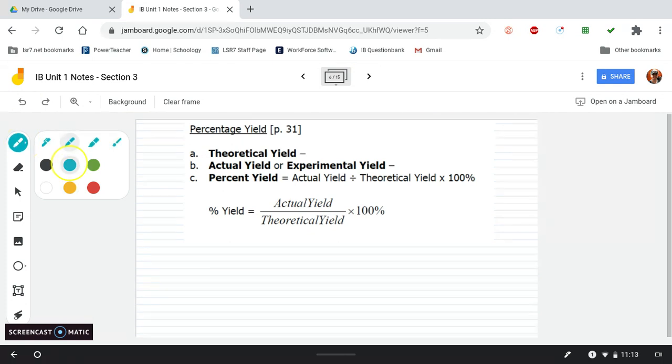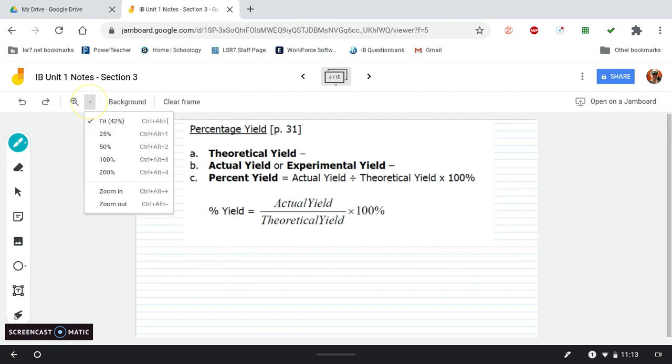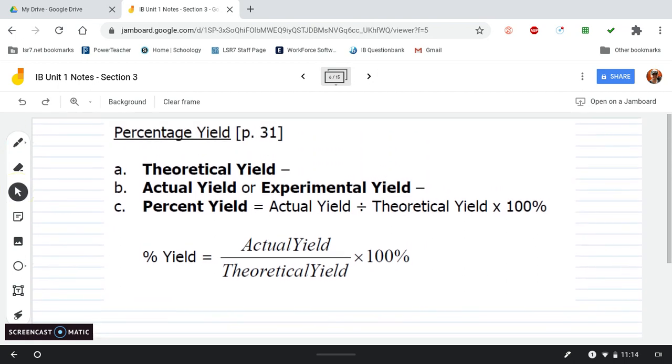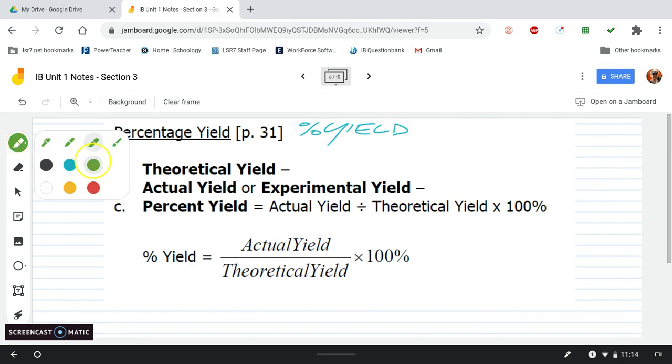I think sometimes we do a little bit of this in some early labs in our 10th grade chemistry courses, but we have this term percentage yield, and you can think of it as also percent yield. That's normally how we refer to it here in the classroom. And so what this really is, is a measure of how well you did in the lab, success in the lab.